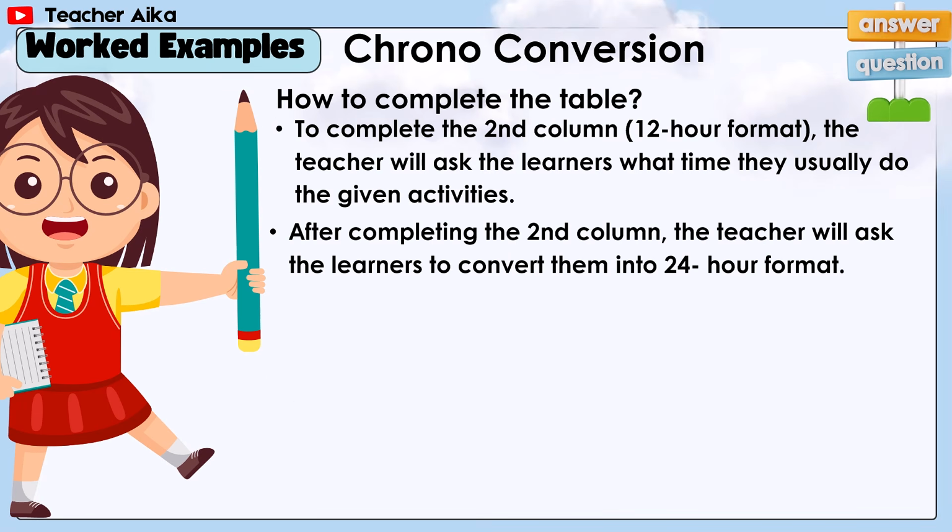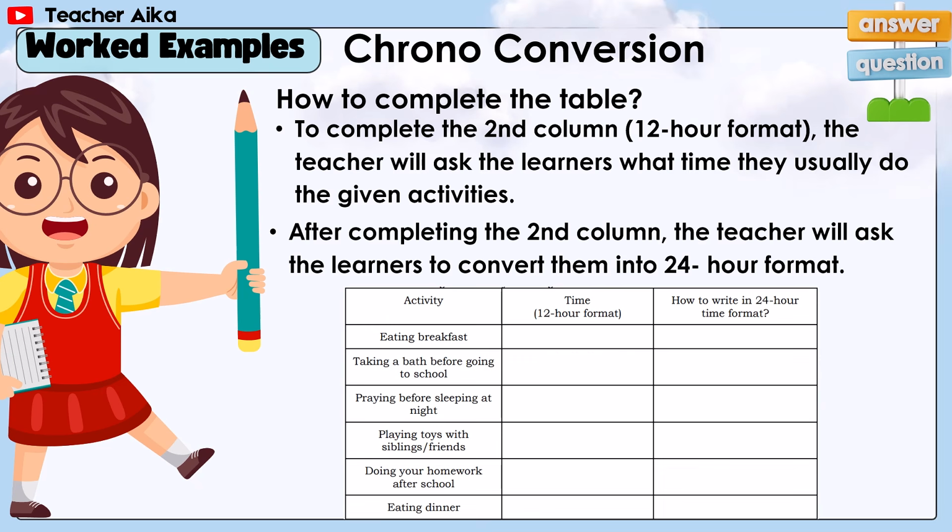Chrono conversion. How to complete the table. To complete the second column or 12-hour format, the teacher will ask the learners to state what time they usually do the given activities. After completing the second column, the teacher will ask the learners to convert them into 24-hour format.